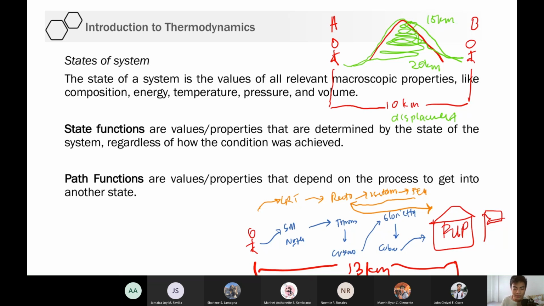Kunwari, kayo naman, na K-12 kasi kayo, so tumagal yung ending ng education niyo. Kunwari, sabihin natin, state function, mag-enroll ka sa school, at ang ending mo ay makakuha ng college diploma. So, maraming nangyari. Yung enrollment mo, first year ka niyan.